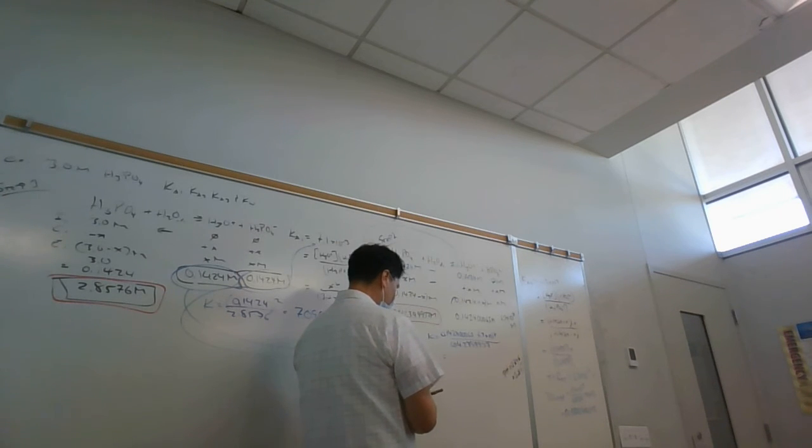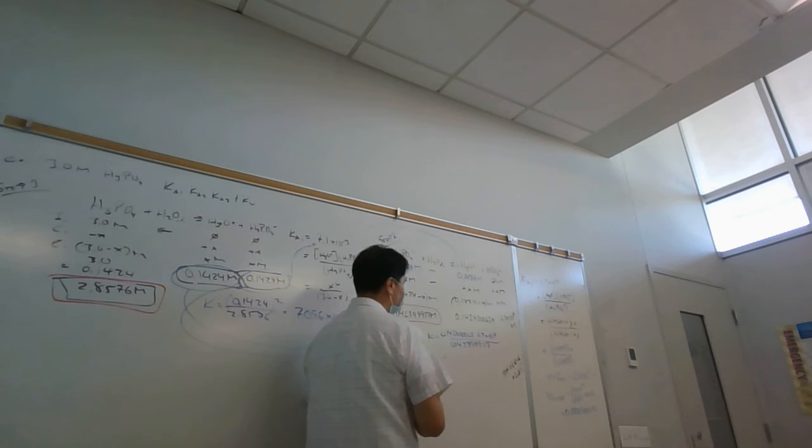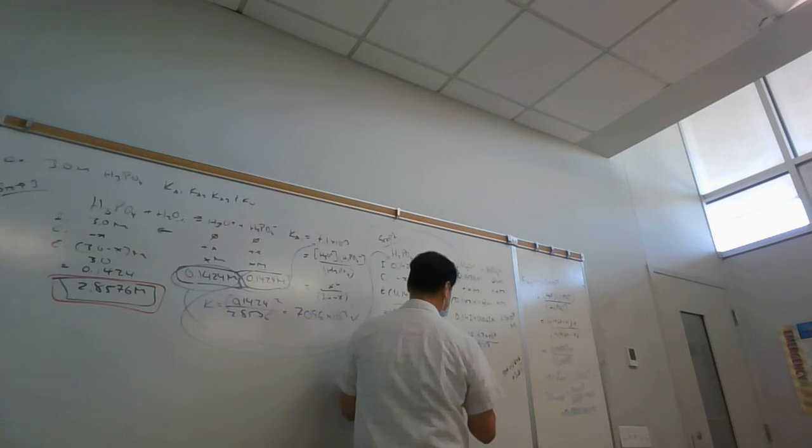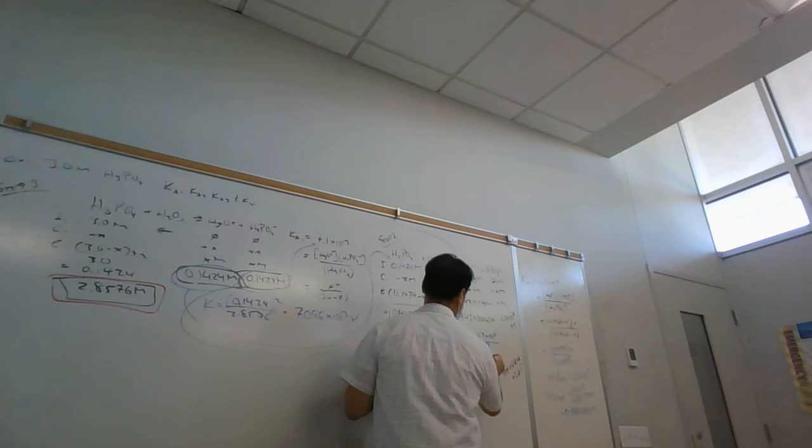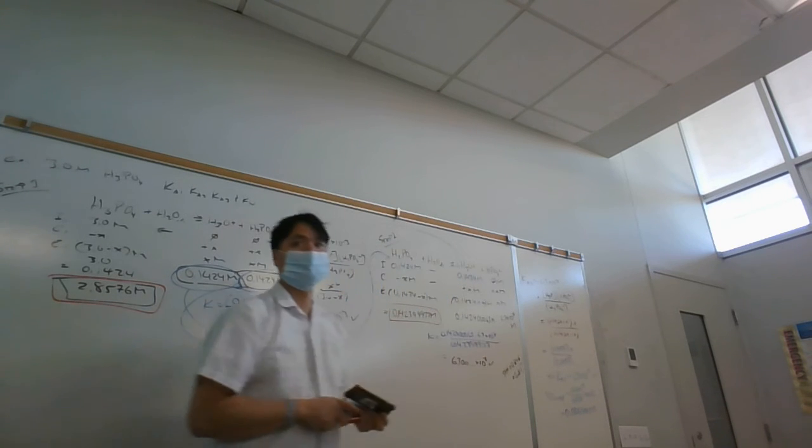We had 6.3000, etc. times 10 to the negative 8. That's good.